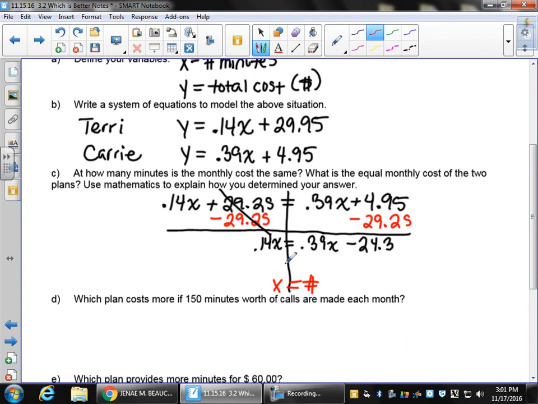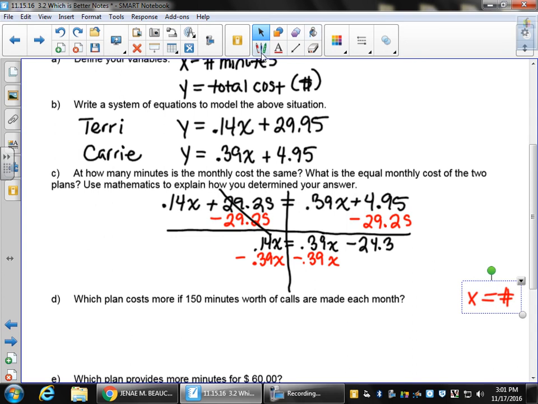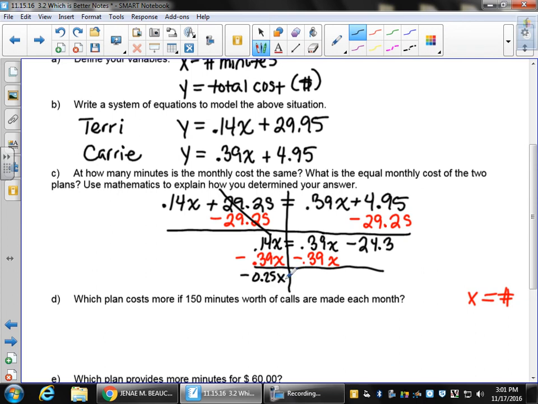Now we will subtract 0.39x from both sides. Don't drop x, 0.39x. I'm going to move our goal out of the way. So we get, let's see, 0.14 minus 0.39, negative 0.25x equals negative 24.3 still on the right side.